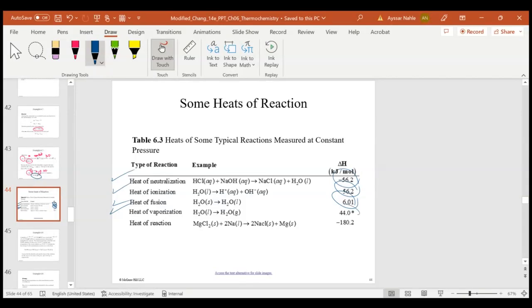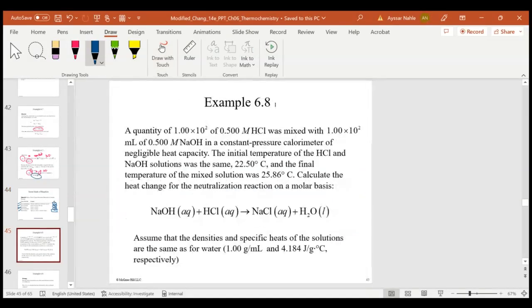Now, what you can see in here is the big difference, 44 kilojoules. If whatever reaction is taking place is an exothermic reaction, it should show a negative sign. That's the delta H. We will talk about it later on. If it's an endothermic reaction, it will be a positive sign.